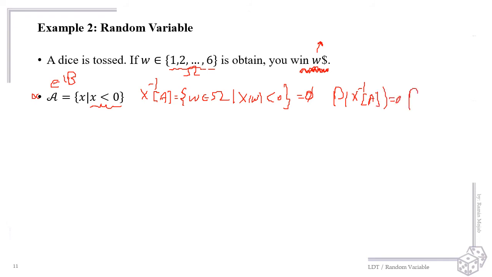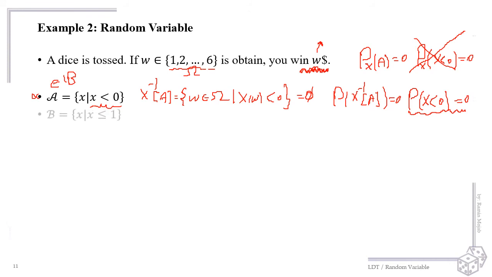Or you might write the probability that X is less than 0 is 0. Or again, you might write P sub X of A is 0. Of course, you cannot, for example, write P sub X of X less than 0 is 0. We did not define this one, but we did define this one. Another interval, X is equal to or less than 1.